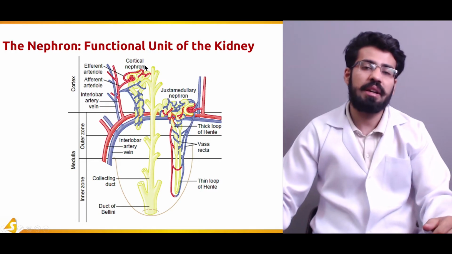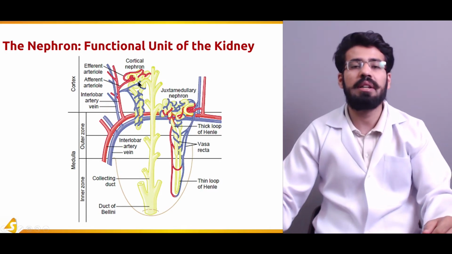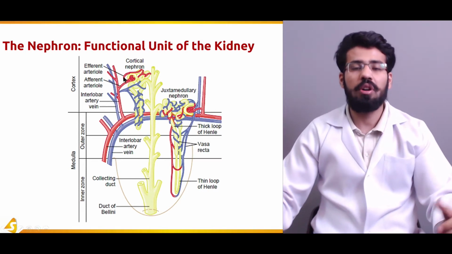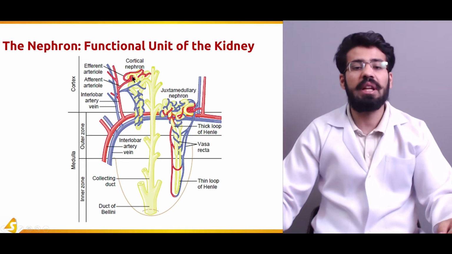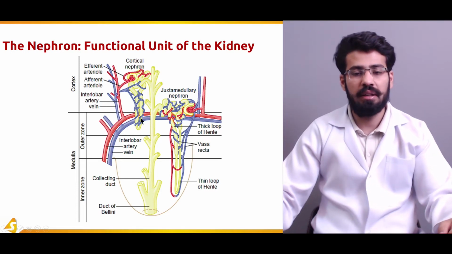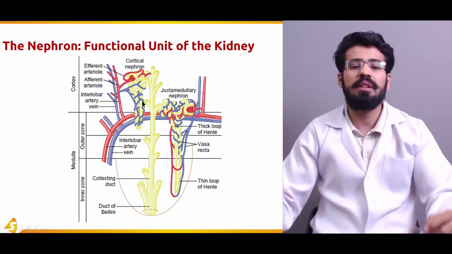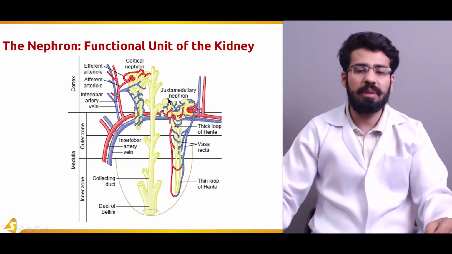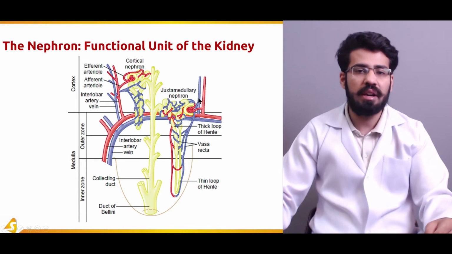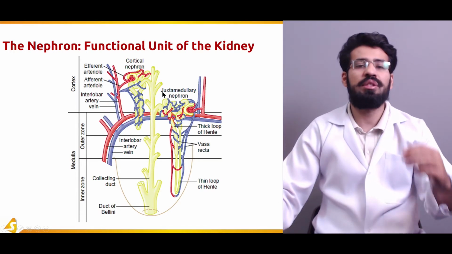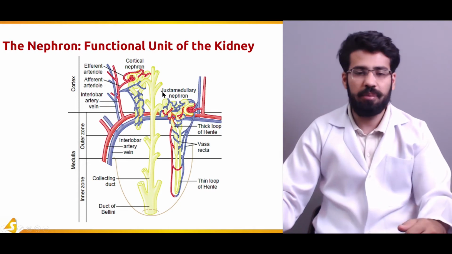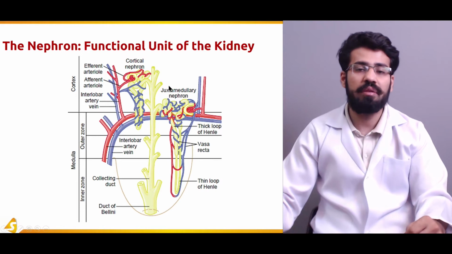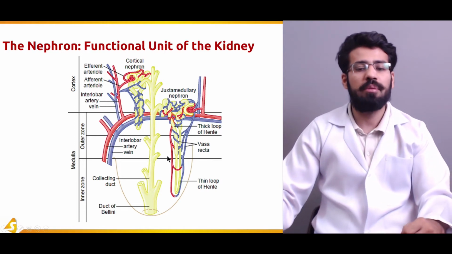As the name indicates, the cortical nephrons will be present towards the upper portion of the cortex, and they will have a very small loop of Henle, which will just touch the outer region of the medulla. In the case of the juxtamedullary nephron, their glomeruli will be just above the medulla in the cortical region, and their loop of Henle, the major portion of the nephron, will be in the medullary portion.